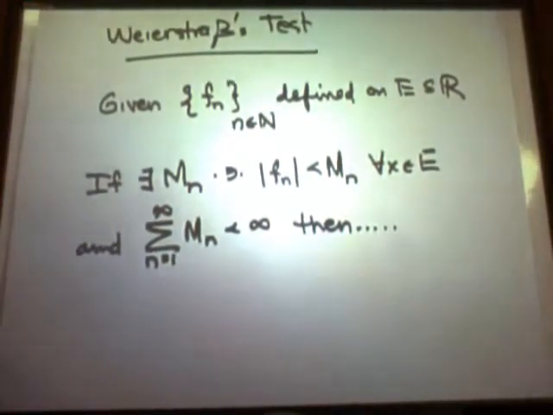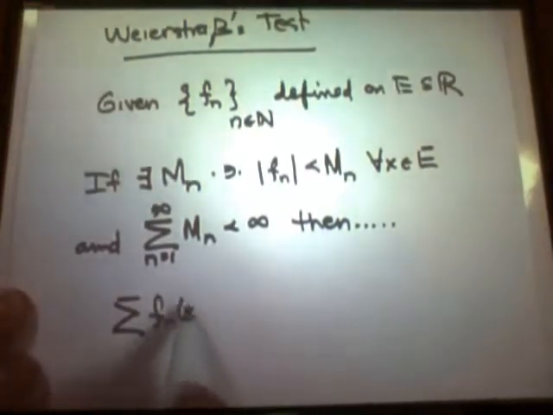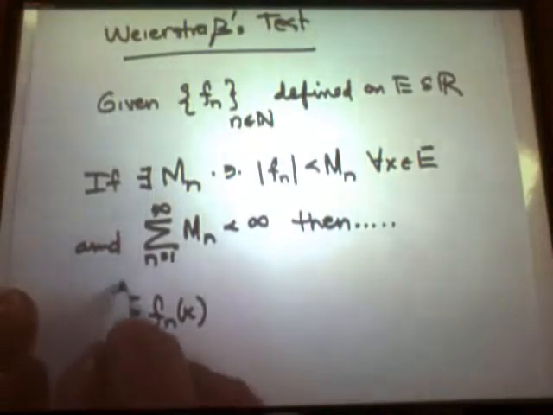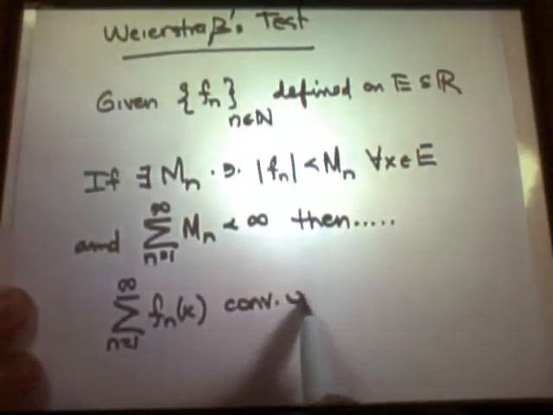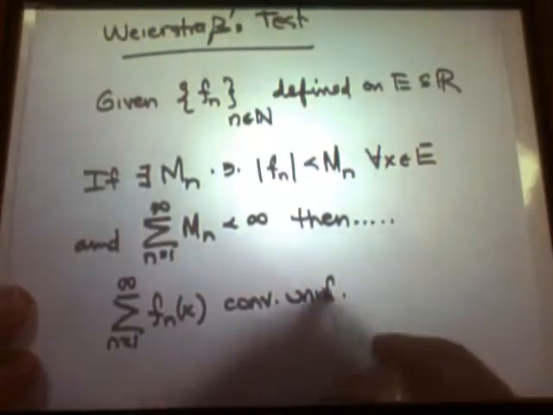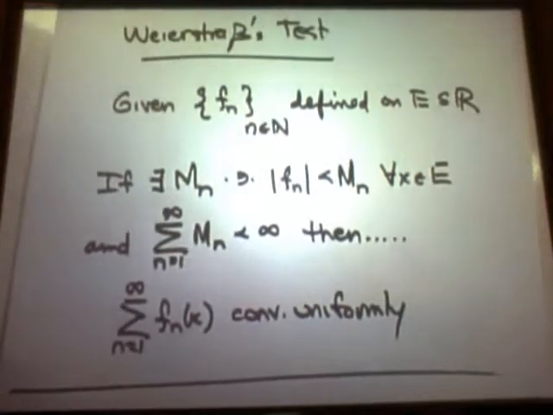Phil read this on Tuesday. The sum, right, of the f_n's converges uniformly. Okay, that's the Weierstrass M test.